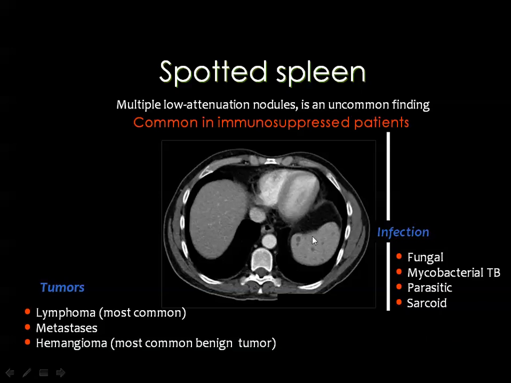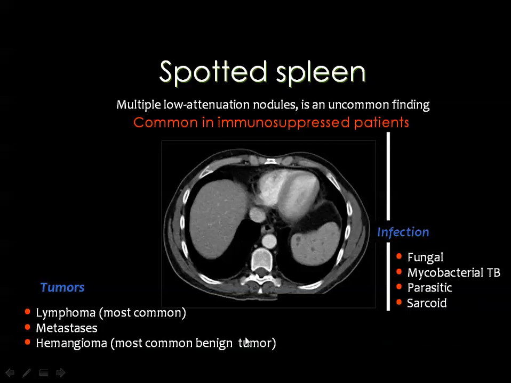that you got the spleen with multiple small hypodense focal lesions, either cystic or solid, and the possibilities are either inflammatory or neoplastic. Inflammatory lesions, you should remember the fungus on top of the possibilities. Then you remember TB, and you should also remember sarcoid as well as parasitic infestation.